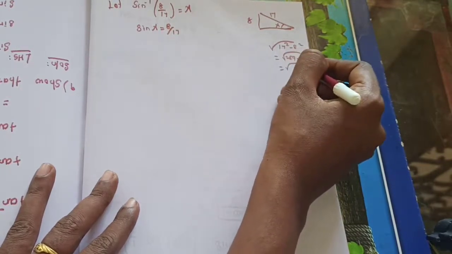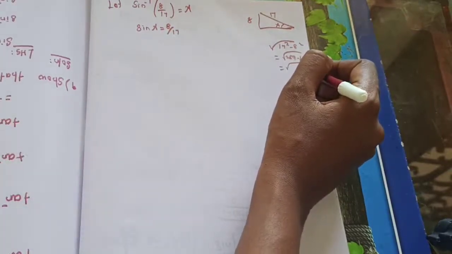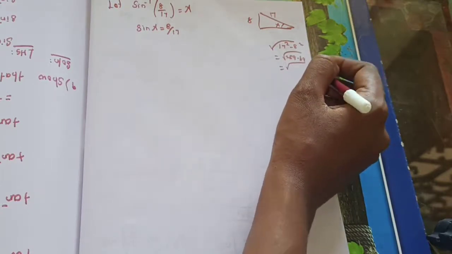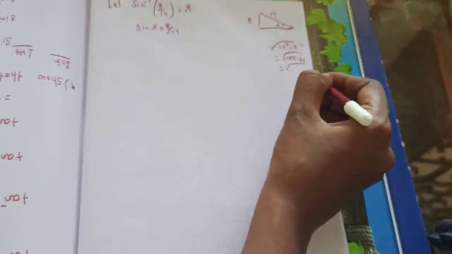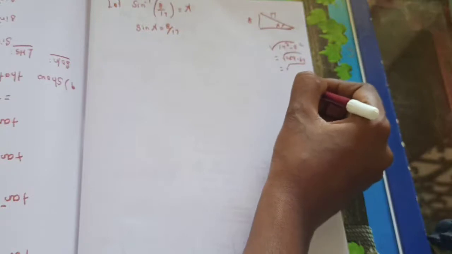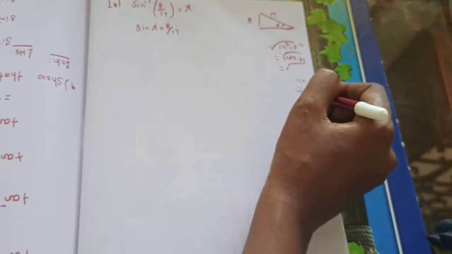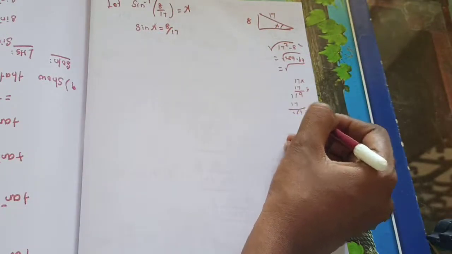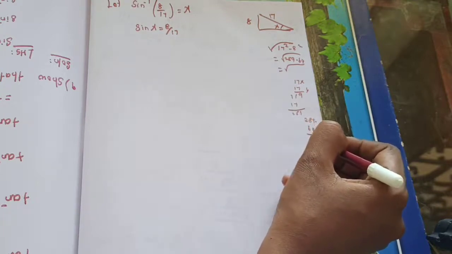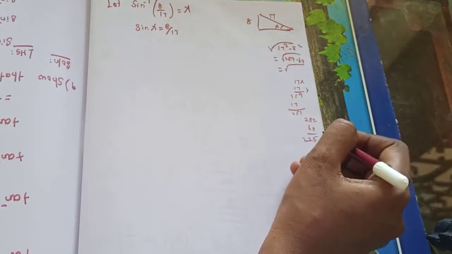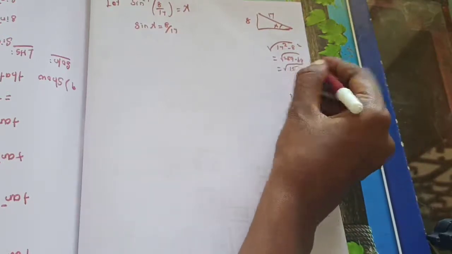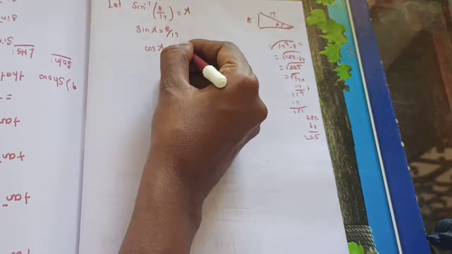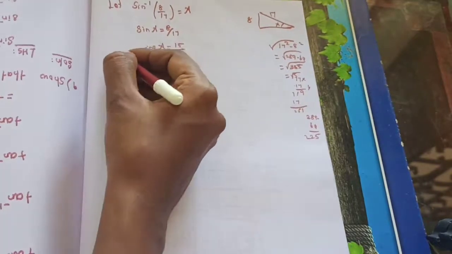So that's equal to 15. So what's the value for cos A? 15 by 17. Correct?